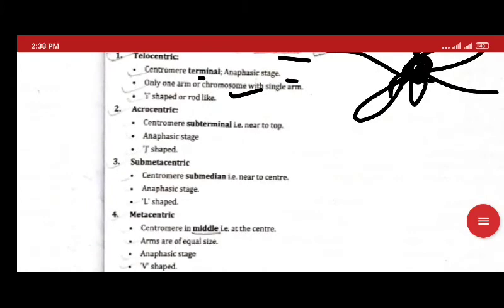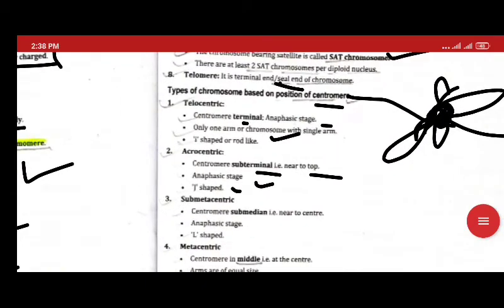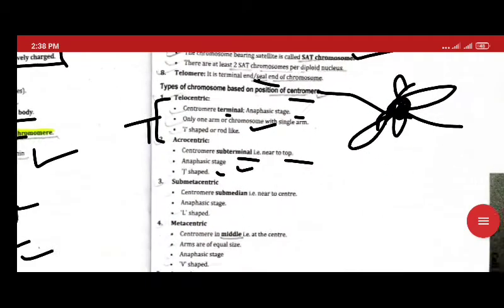Now acrocentric has a subterminal centromere, near the top. This is also seen in anaphase. So acrocentric and telocentric are seen in anaphase and are rod or T-shaped.